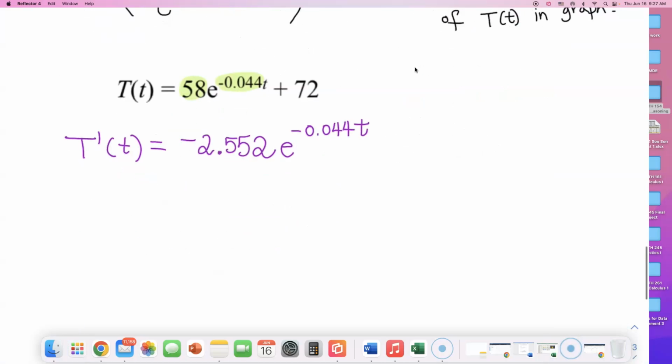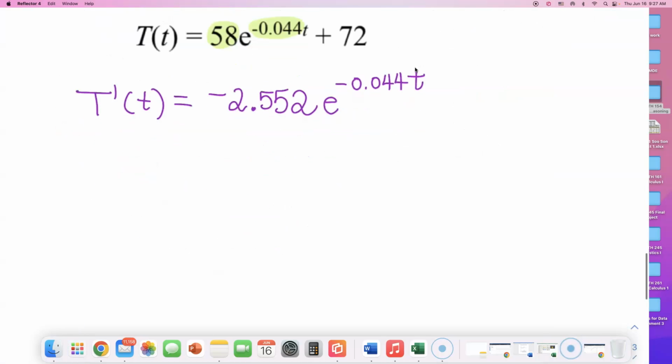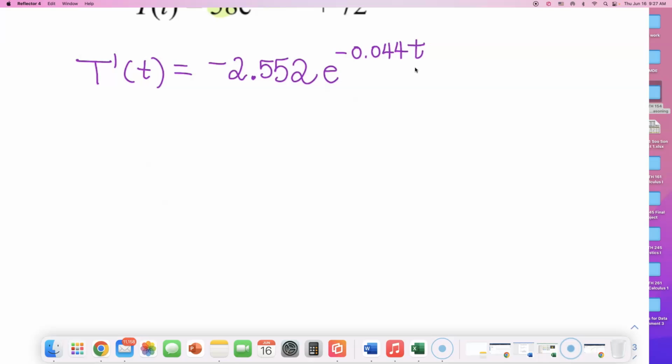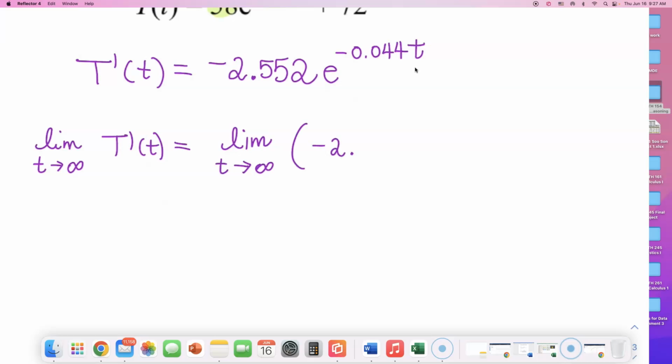So let's see. We can find the limit. We can take the limit as little t goes to positive infinity of T prime of t. That is the limit as little t approaches infinity of negative 2.552 e raised to the negative 0.044 t.